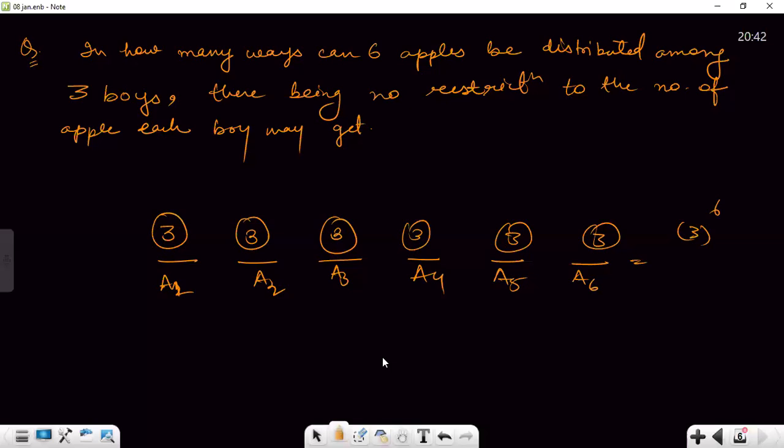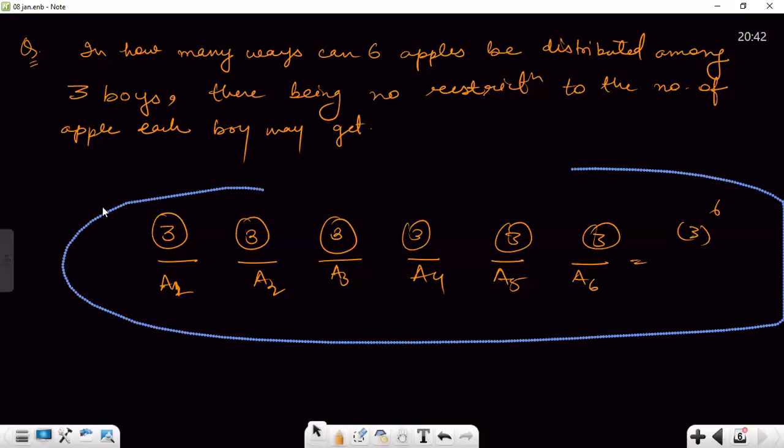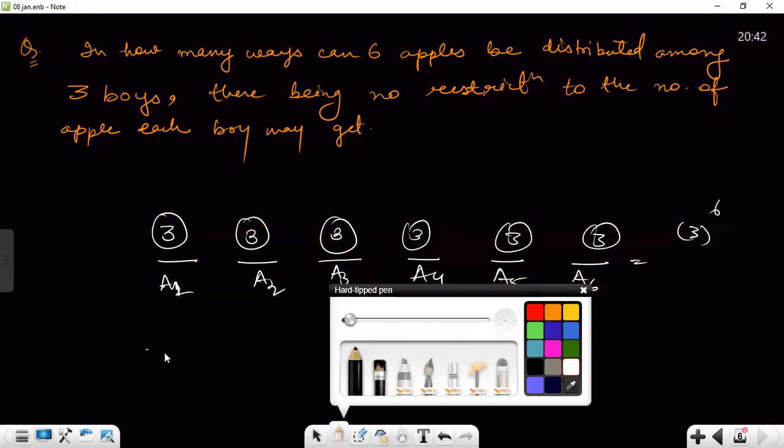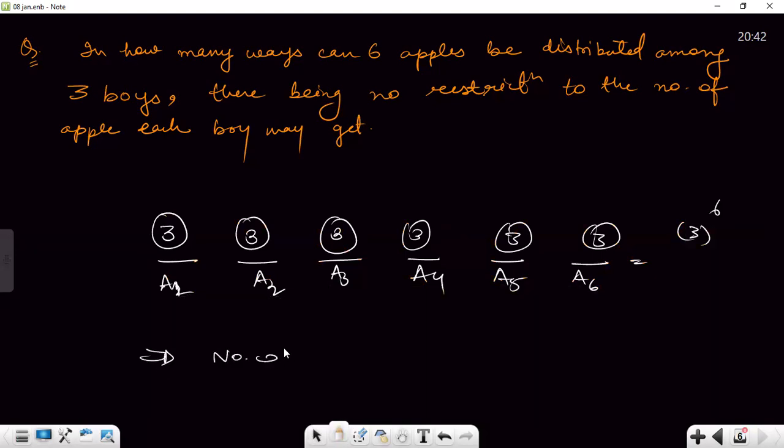And what was the unfixed event here? The boy getting an apple or not. That was unfixed. That was chosen. Okay. So if we go by the formula, number of fixed events or elements raised to power number of chosen or non-fixed.